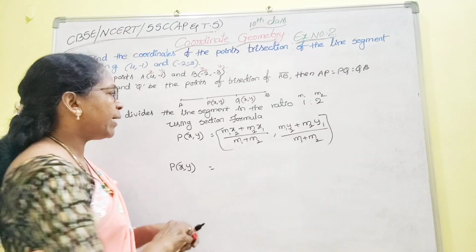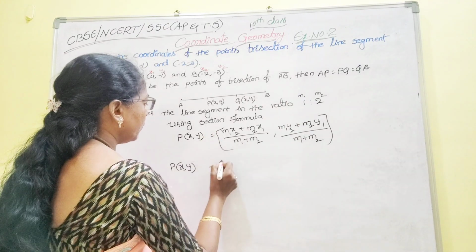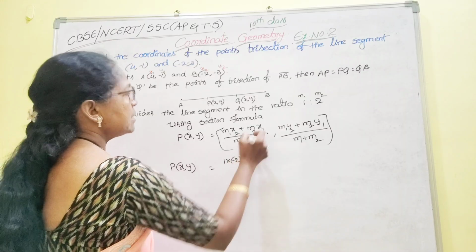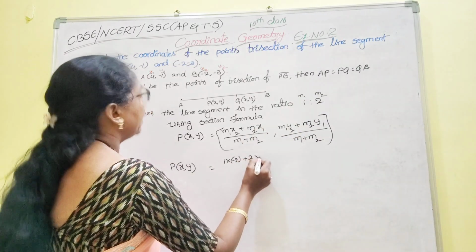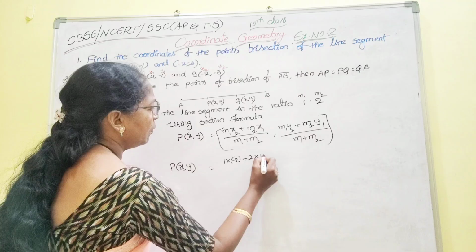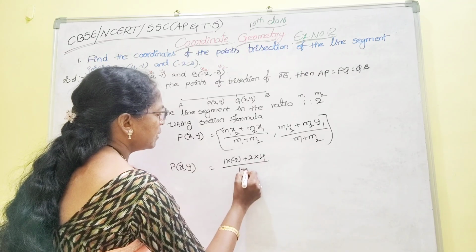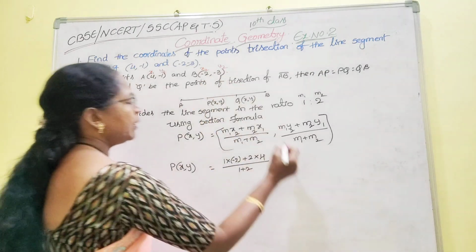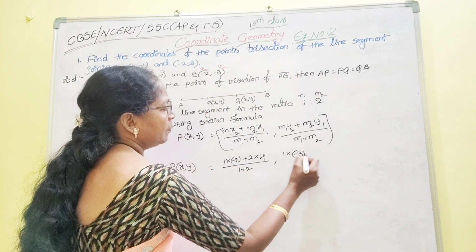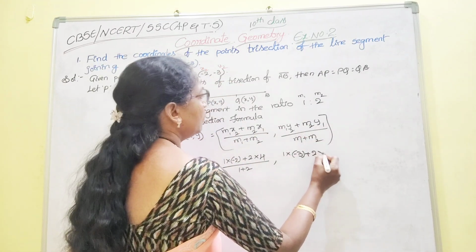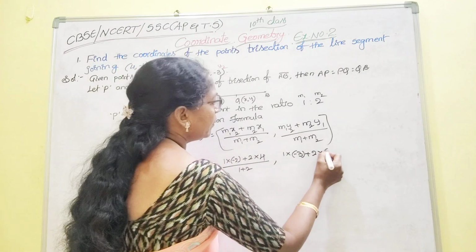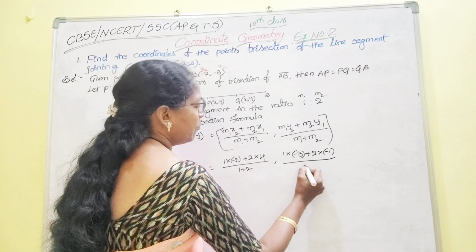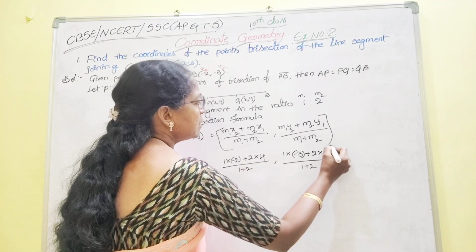Now substitute the values in the formula: m1 equals 1 into x2 equals -2, plus m2 equals 2 into x1 equals 4, divided by 1 plus 2, comma, m1 equals 1 into y2 equals -3 plus m2 equals 2 into y1 equals -1, divided by m1 plus m2, so 1 plus 2.